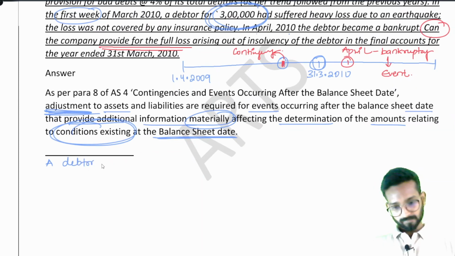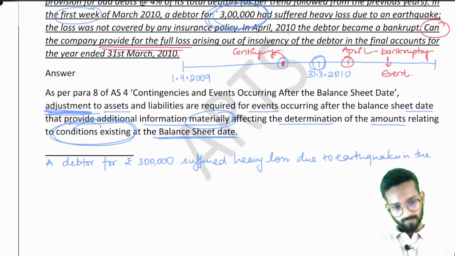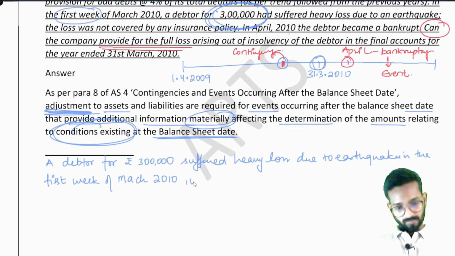A debtor for rupees 3 lakh suffered heavy loss due to earthquake in the first week of March 2010, which was not covered by insurance.